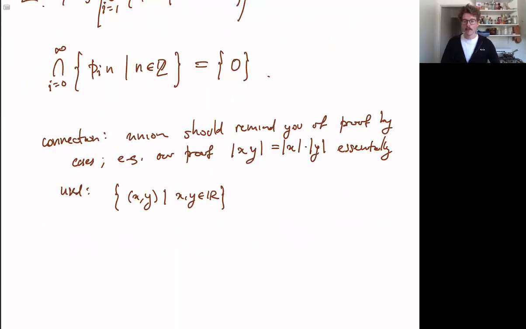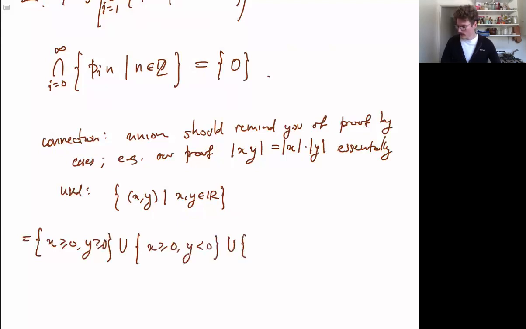So if we consider all pairs of real numbers, we can split this up into those where they are both greater than or equal to 0, or x greater than or equal to 0 and y less than 0, or x less than 0, y greater than or equal to 0, or both less than 0.